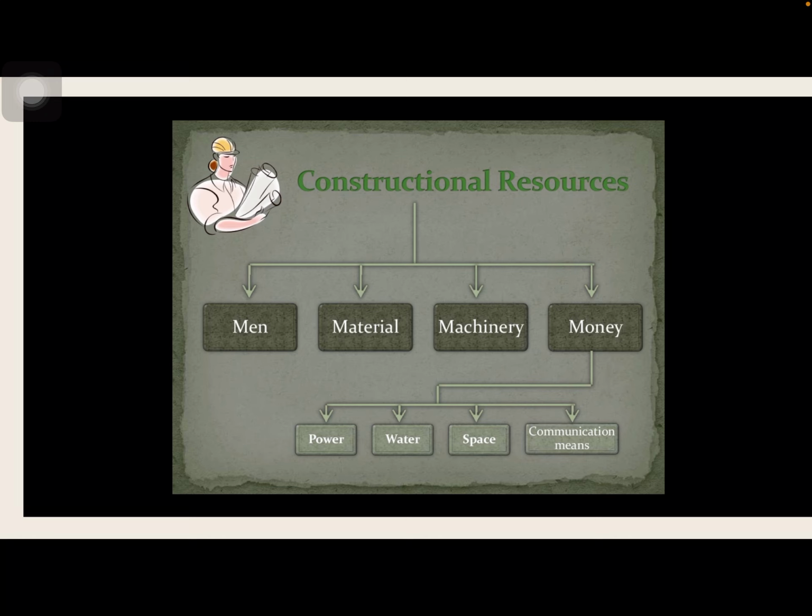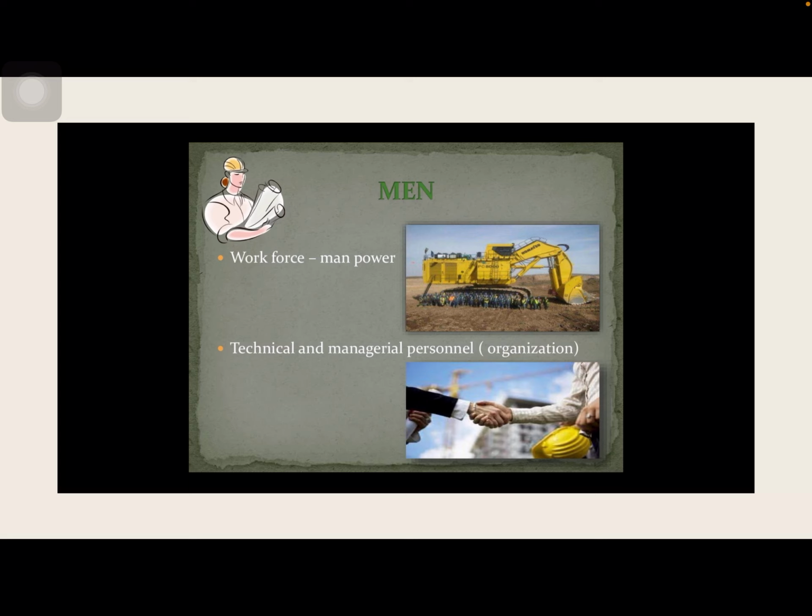And machinery: as the amount of machinery increases, with the machinery effort it is possible to finish the work faster than with men. And money is again required for several factors, such as drawing, power, water, space, communication, commuting. All this is possible only through money as the resource.